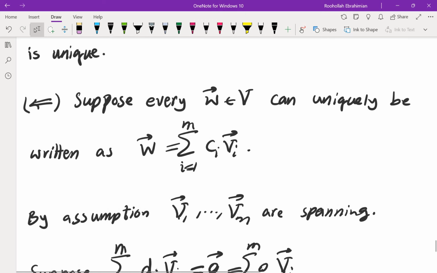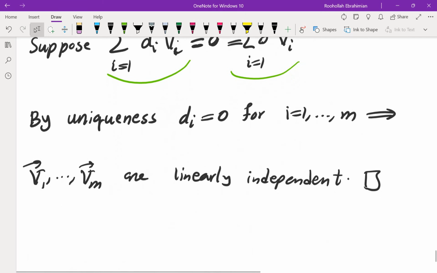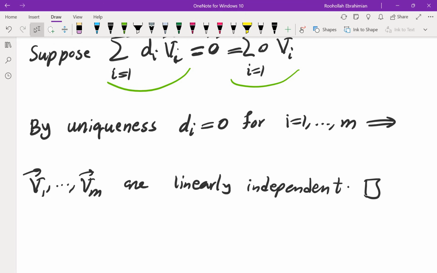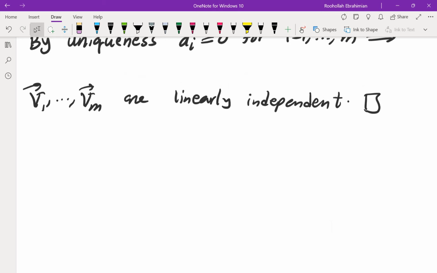The spanning comes from the definition. Linear independence comes from the uniqueness. The assumption was every vector can be written and every vector can be written uniquely. The part that says it can be written gives you the spanning part. The part that tells you it can be written uniquely gives you the linear independence part. And this brings me to the end of this video. So I will see you in the next video.